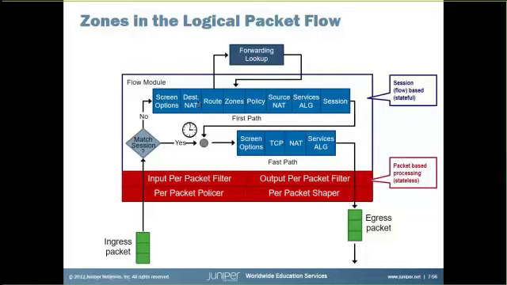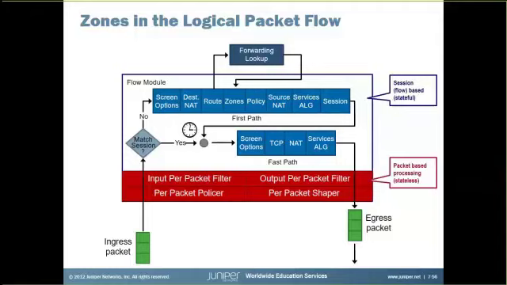At this point, we know that the packet arrived on a given interface, let's say ge-0/0/0, and that interface is associated with the untrust zone, so we know the ingress zone. We look at the routing table and figure out which interface we need to send the traffic out of, maybe ge-0/0/2, which is associated with the trust security zone. So now we know the inbound zone and the outbound zone.